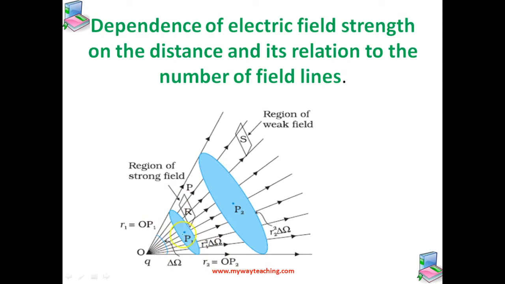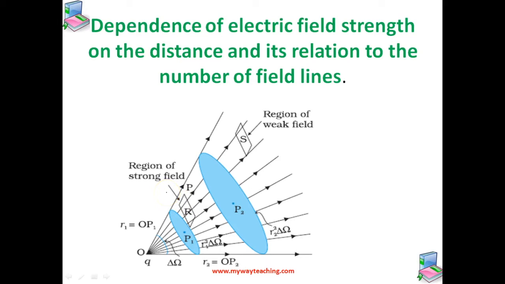These field lines represent the magnitude of the strength. And from this picture, one thing is clear, that the field at R is stronger than the field at S, because the number of lines is more dense at R compared to S, isn't it? So that density is nothing but the strength. So easily we can say that.